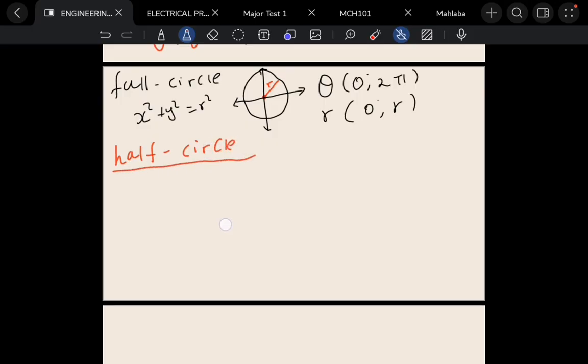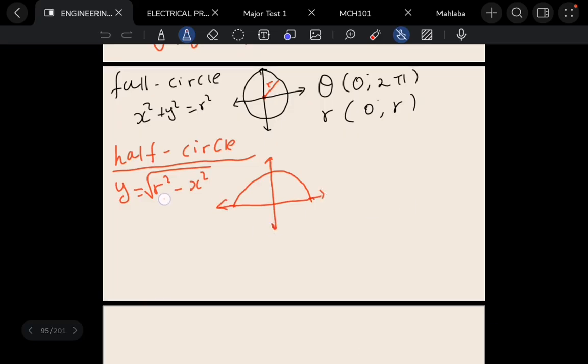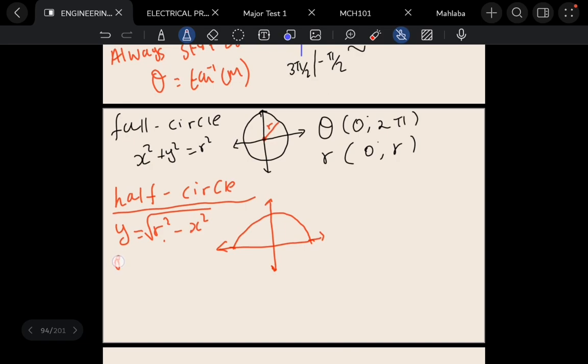Now, if you have y equals the square root of r squared minus x squared, your region is something like this. That is your region. This means we have a positive semicircle, right?